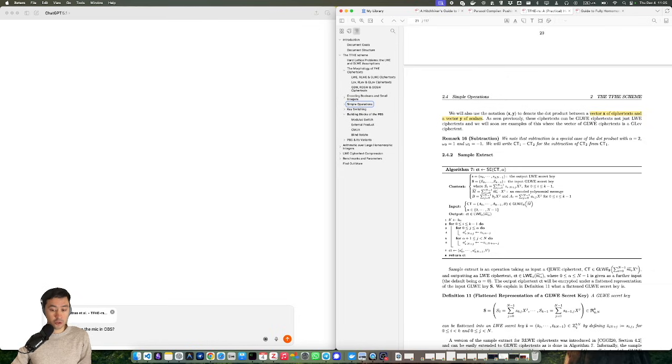You have a vector of polynomials and you're just going to get one coefficient. So a vector of size 1, and instead of a polynomial, it's just going to be a coefficient, the constant term, let's say.